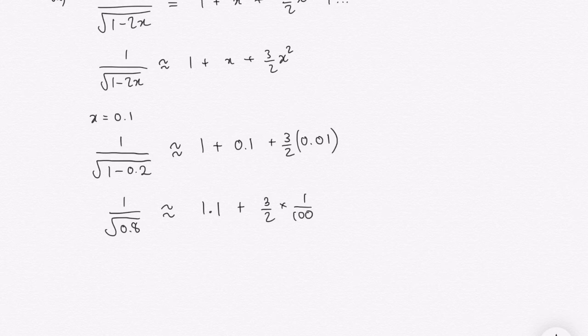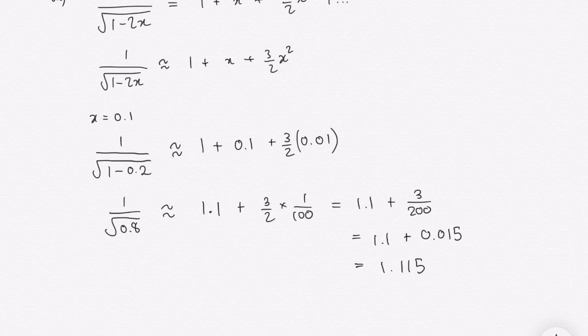So this is 1.1 plus 3 over 200, which is 1.1 plus 0.015, which is 1.115. Notice I've done this without a calculator.